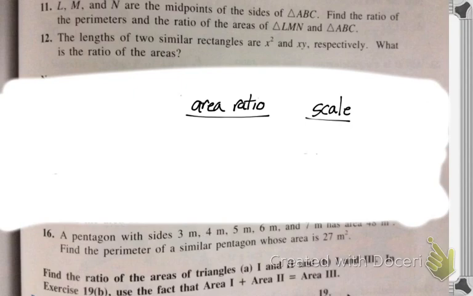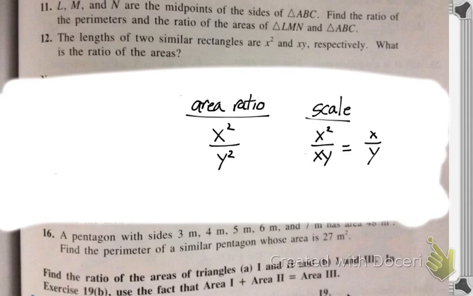So that means their scale factor is x squared over xy, which is actually x over y. So that means our area ratio is x squared over y squared. So you have to put down what they tell you. Don't complicate matters. All right, other questions?